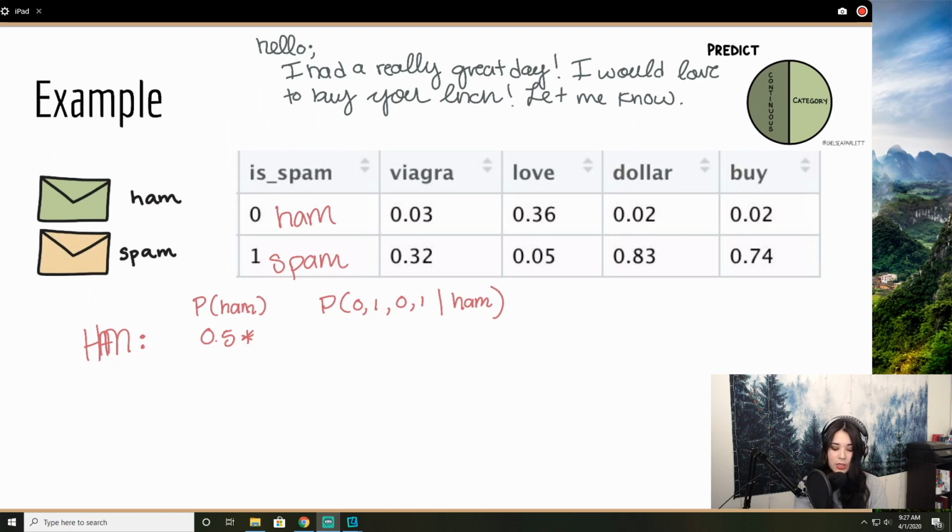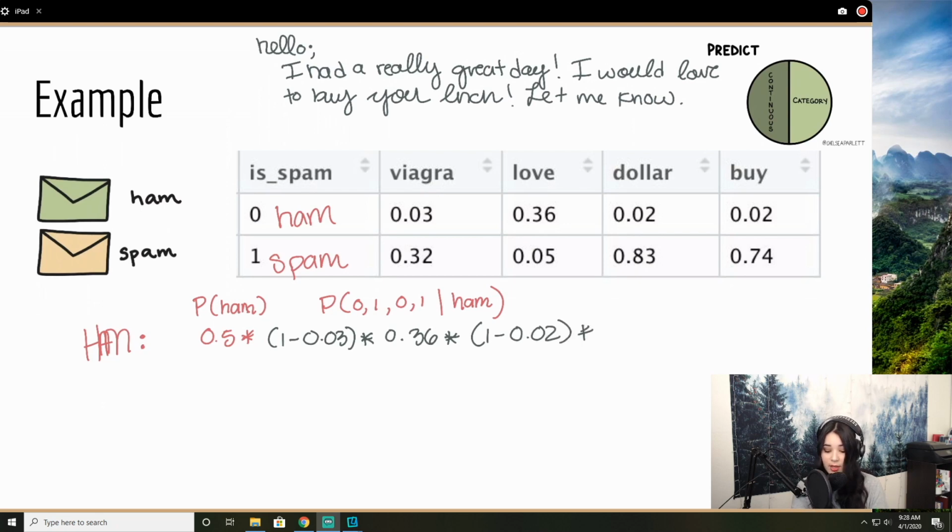Okay, so the probability of an email that is a ham email not having the word Viagra is 1 minus 0.03. And then we're going to multiply that by the probability of the word love appearing in a ham email, which is 0.36. Then we're going to multiply that by the probability of not seeing the word dollar, which is 1 minus 0.02.